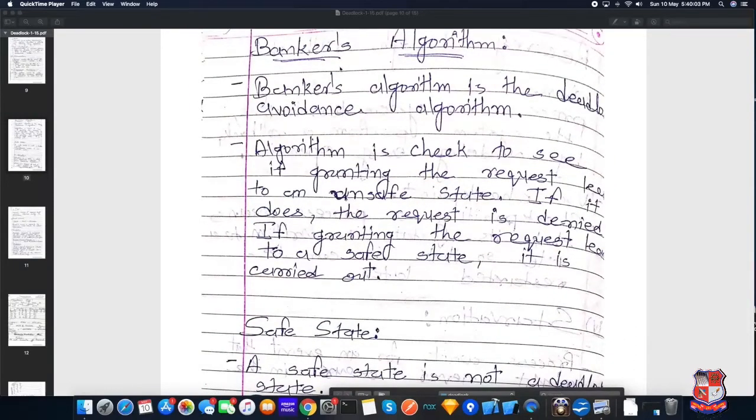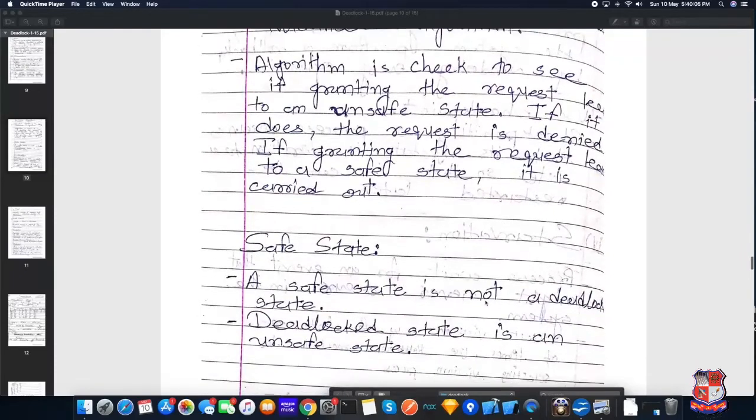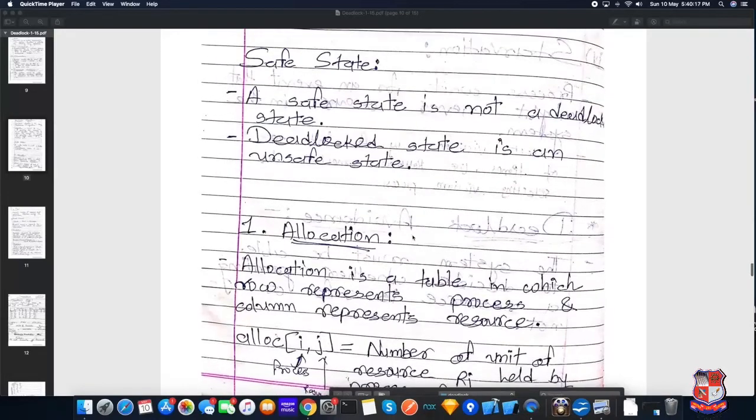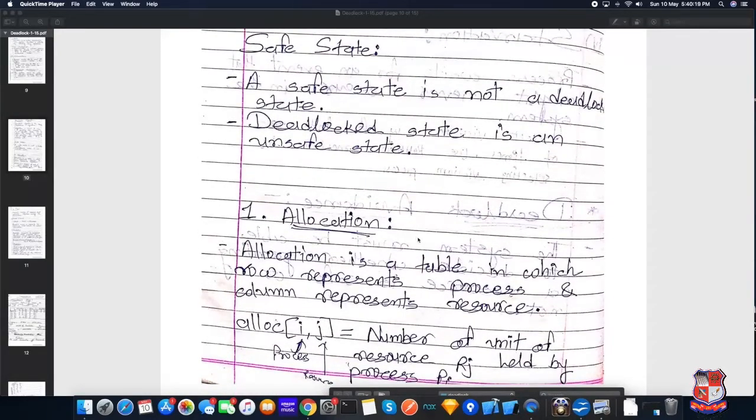A deadlock state is also called an unsafe state. The safe state is not a deadlock state.